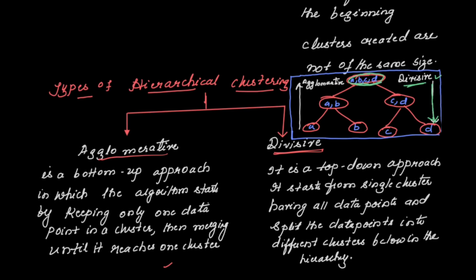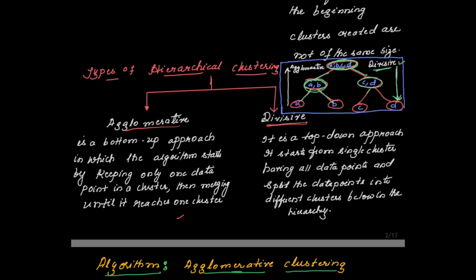From the top you split, and in the next level, out of the 4 data points on top, you have 2 data points in each cluster. Finally, the clusters are split once again, and in the third level each cluster has only one data point. So we say it is a top-down approach.